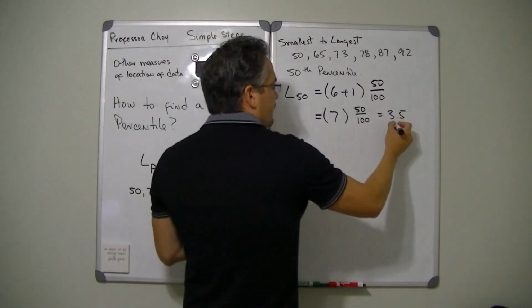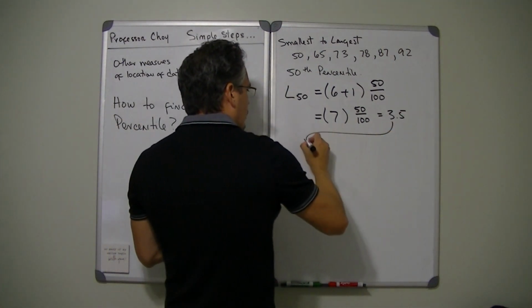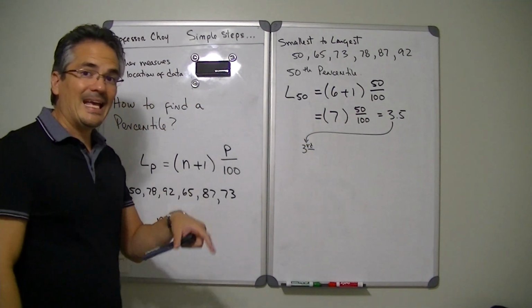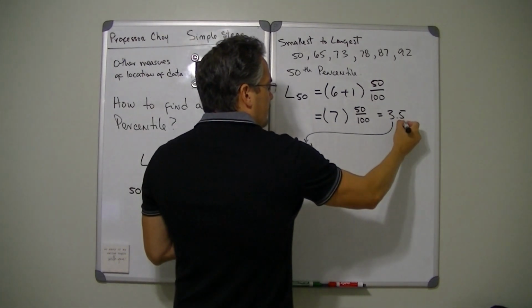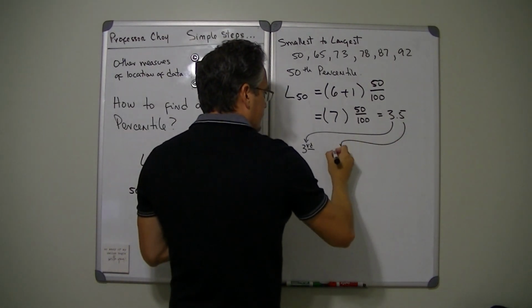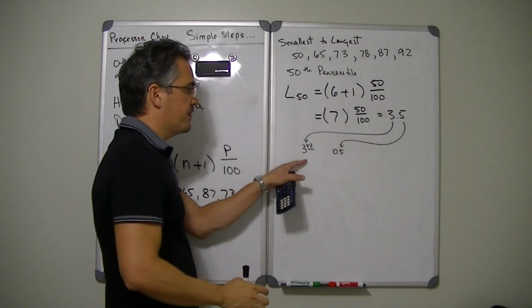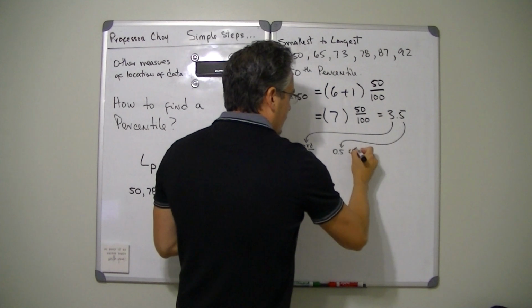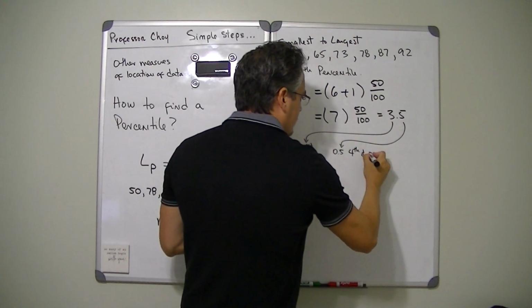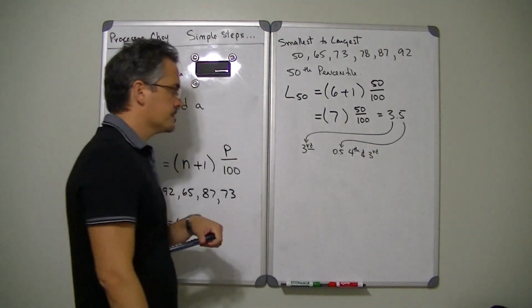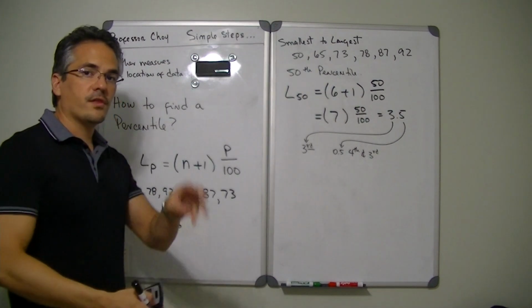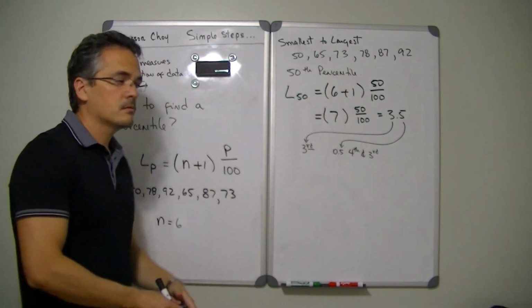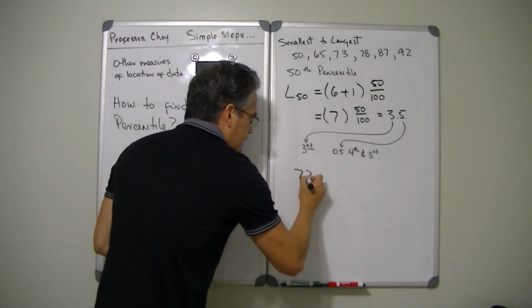Alright, now what does 3.5 mean? Well, 3.5 means that we're going to go to the third number on the list, and then we're going to go 0.5 of the way between the fourth number and the third number. Okay? So we're going to go to the third number on the list. The third number is 1, 2, 3, so we're going to write 73.